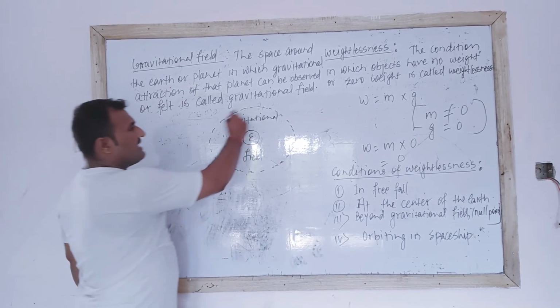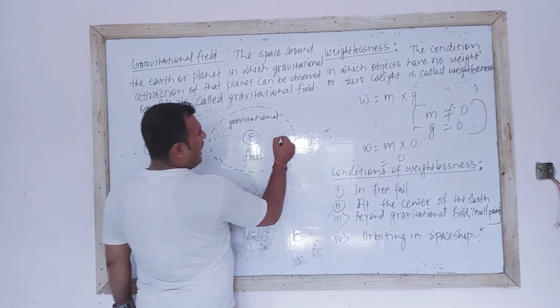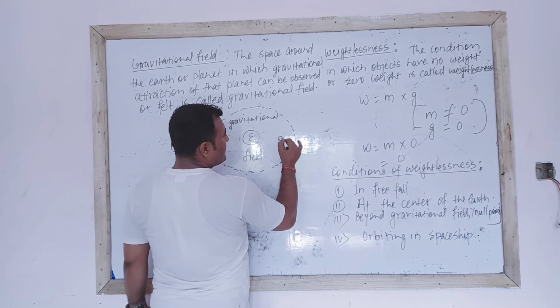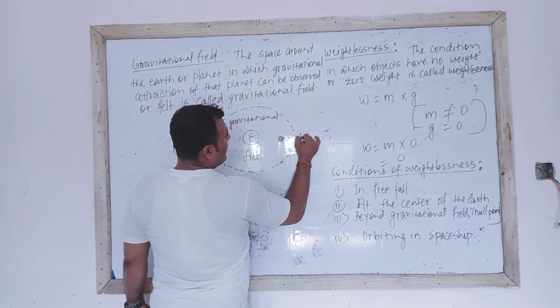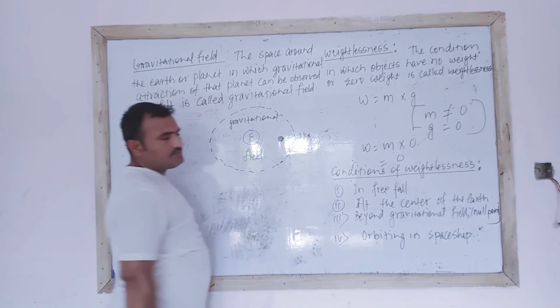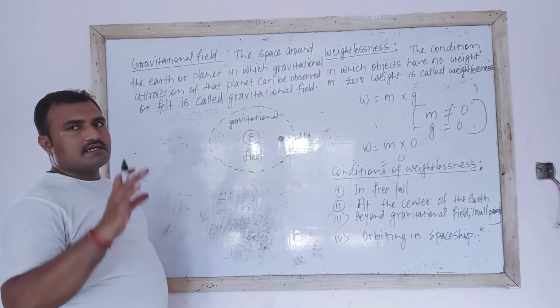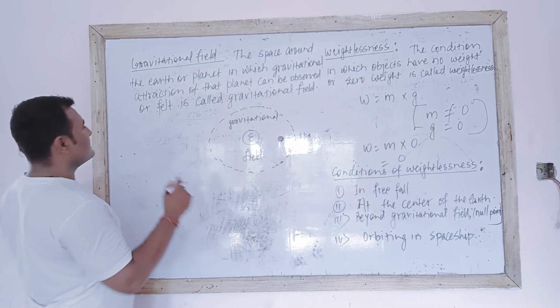And inside the gravitational field, how much gravitational force of attraction acts on unit mass of a substance is known as gravitational field intensity.